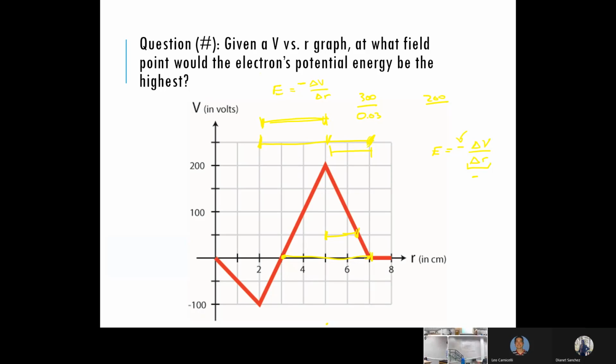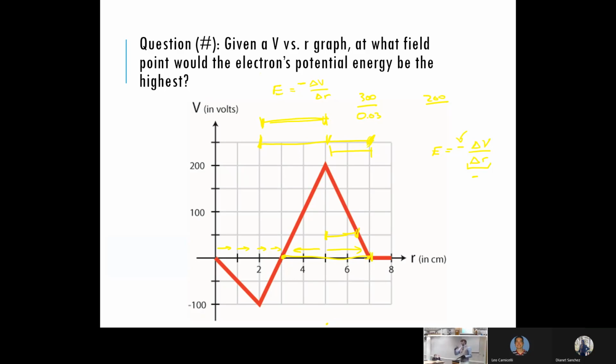Yep. So you could think of plotting the electric field, if I wanted to draw arrows: this is a smaller slope, so maybe I draw a small electric field pointing in the positive direction. Then you get a big electric field pointing in the negative, and then a big one pointing in the positive direction again. I'm thinking 1D here, right?